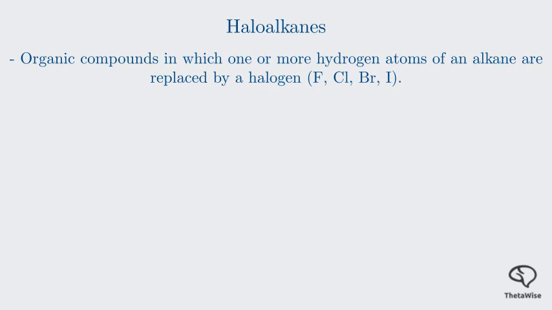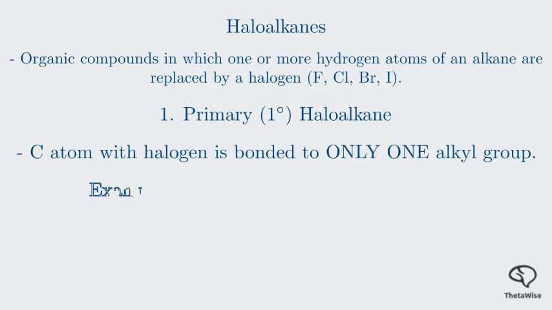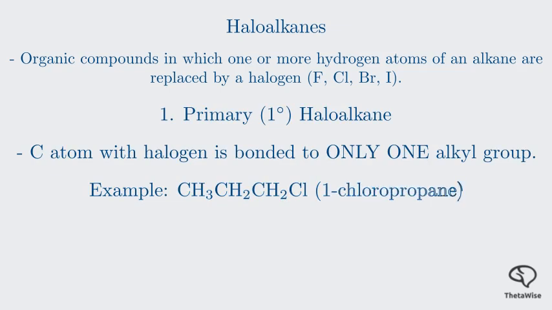A key concept for haloalkanes is their classification. They are classified as primary, secondary, or tertiary based on how many other alkyl groups are attached to the carbon atom that bears the halogen. In a primary haloalkane, the carbon atom carrying the halogen is bonded to only one alkyl group and two hydrogen atoms. An example is 1-chloropropane.